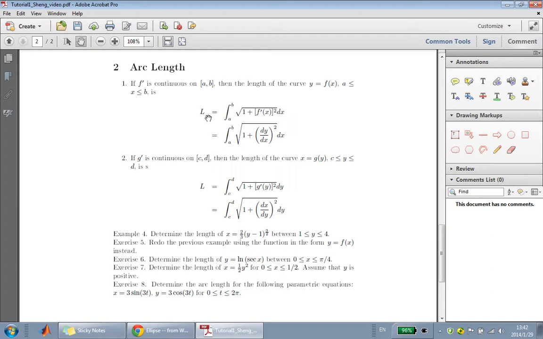Remember the arc length equals the definite integral from, let's say, t1 to t2 of the square root of (dx(t)/dt) squared plus (dy(t)/dt) squared, dt. But if the curve is given in this form, let's say y equals f(x), then this is how you calculate the arc length.